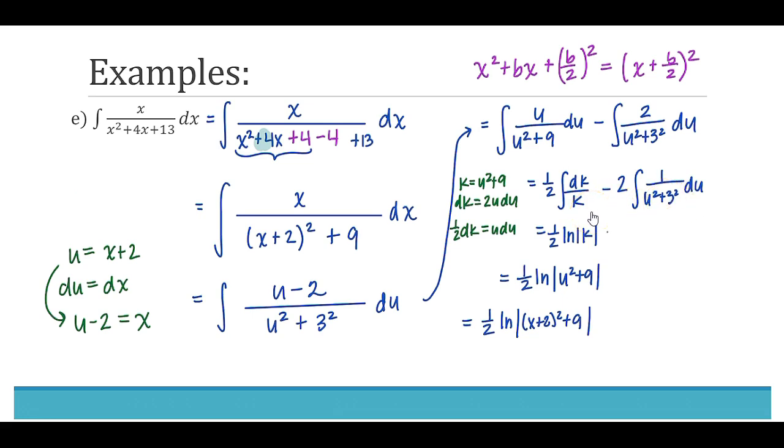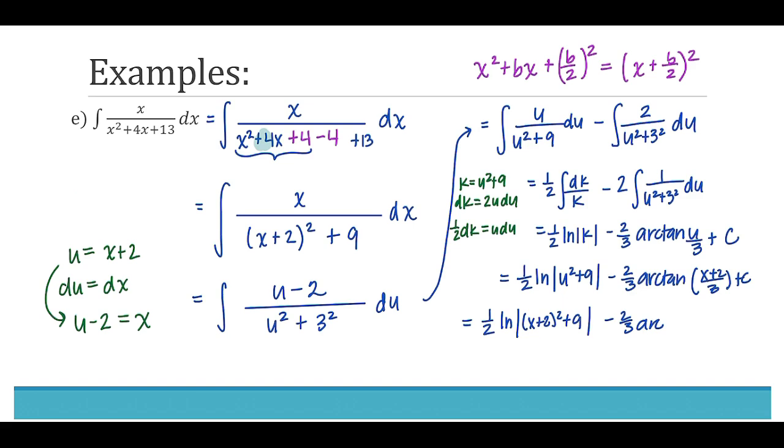So I'm going to have negative 2 over 3 arctangent of u over 3 plus c. And then we'll go ahead and plug our u back in, and our u was way over here, that was x plus 2. So we have minus 2/3 arctangent of x plus 2 over 3 plus c.